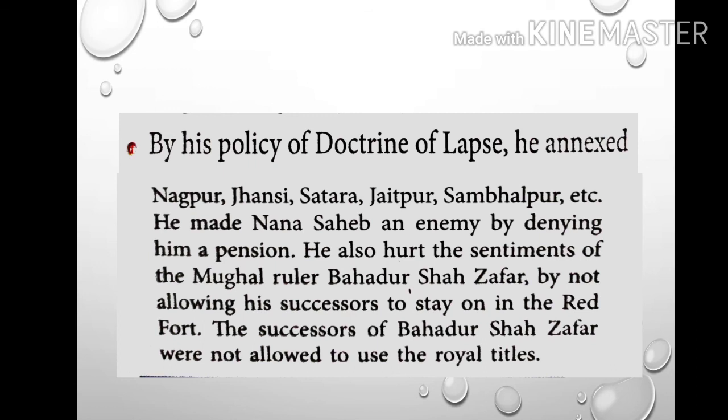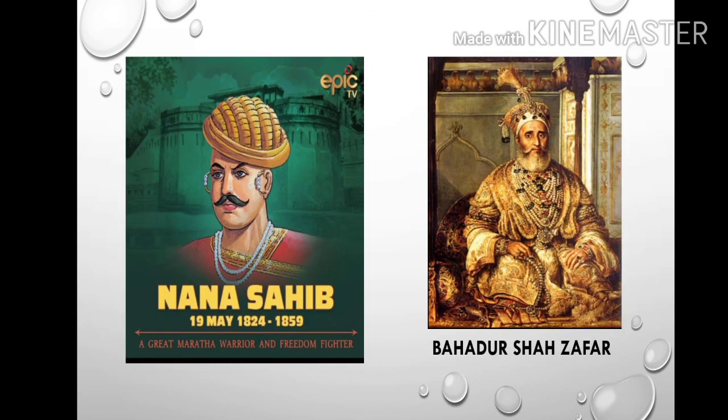He also hurt the sentiments of Mughal ruler Bahadur Shah Zafar by not allowing the successor to stay on in the Red Fort. The successors of Bahadur Shah Zafar were not allowed to use royal titles. So different kings of various states became enemies of British people, like Nana Sahib, the Maratha warrior.